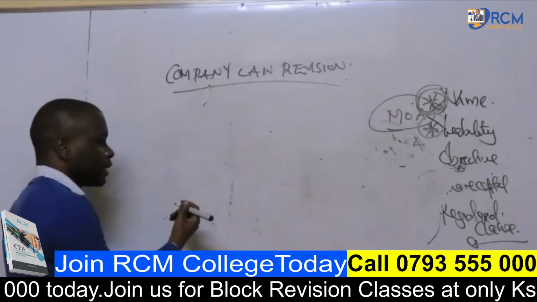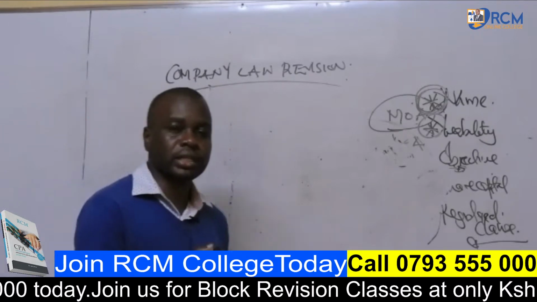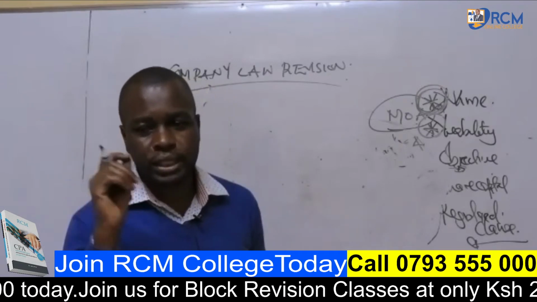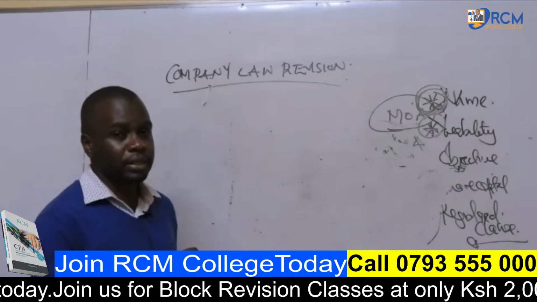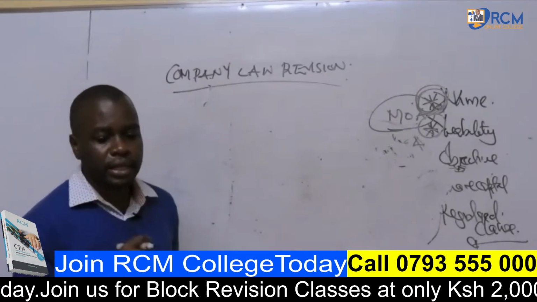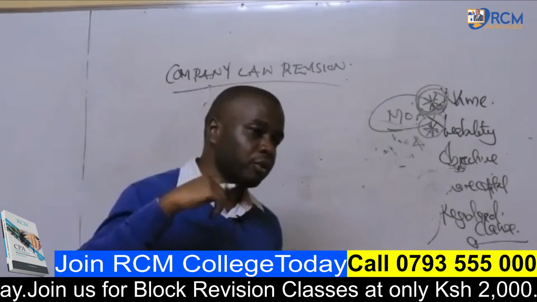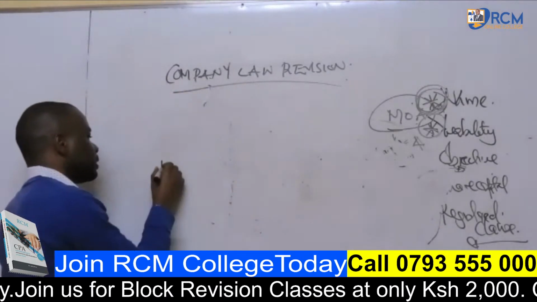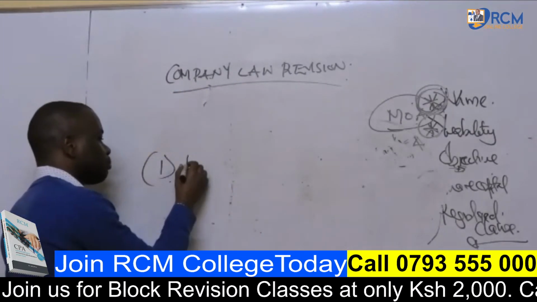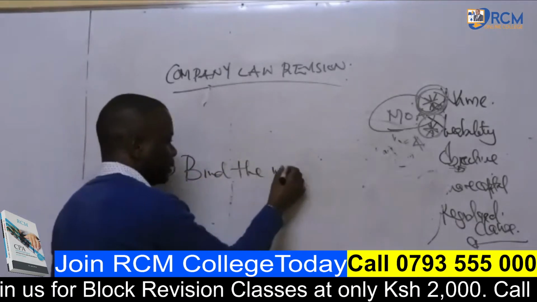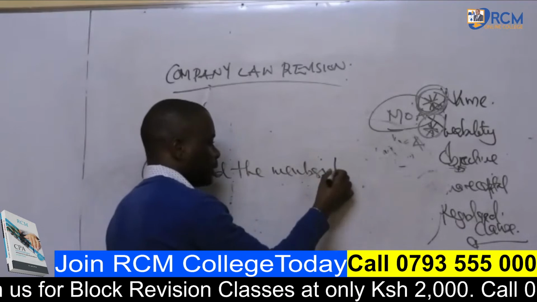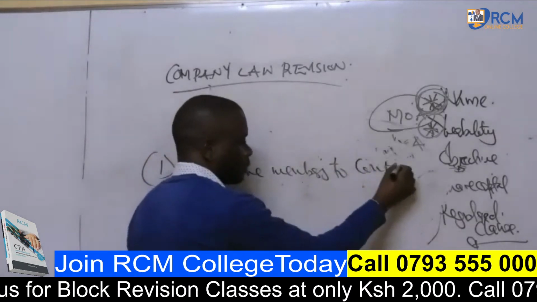So the legal effects, what actually happens in case you register your articles? Once you deposit them, what are the effects? These articles, once you deposit them in the register of companies, become rules governing the internal affairs of the company. Therefore, number one, these particular articles will bind the members to the company.